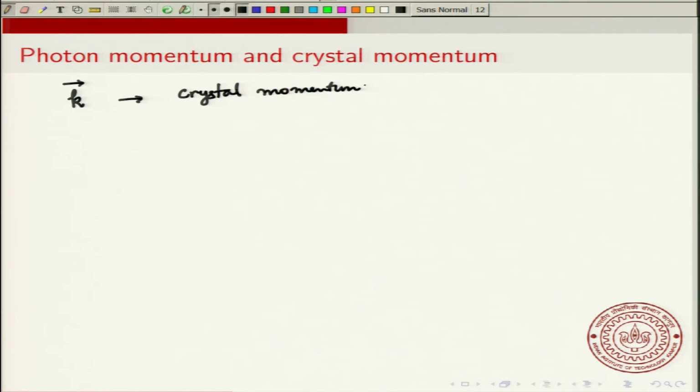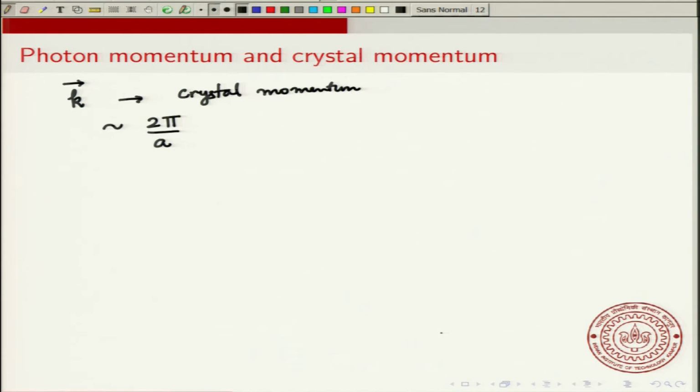Okay. And the typical range of values of k in the first Brillouin zone is of order 2 pi by a, where a is the lattice parameter. So this is a typical value of the crystal momentum.